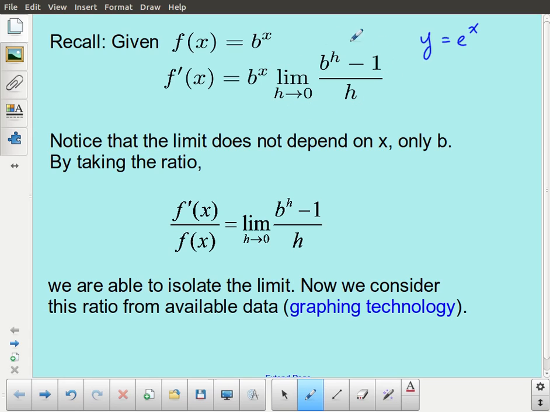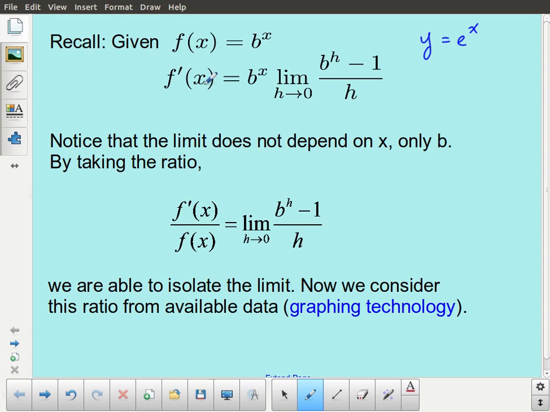It turns out this value will be a constant, but the value of this constant is going to depend on the value of b. So now our next challenge is, if we want to take the derivative of b to the x, we need to figure out what this constant is going to be. One way that we do that, and this is a mathematical tool that's used, is we take ratios.